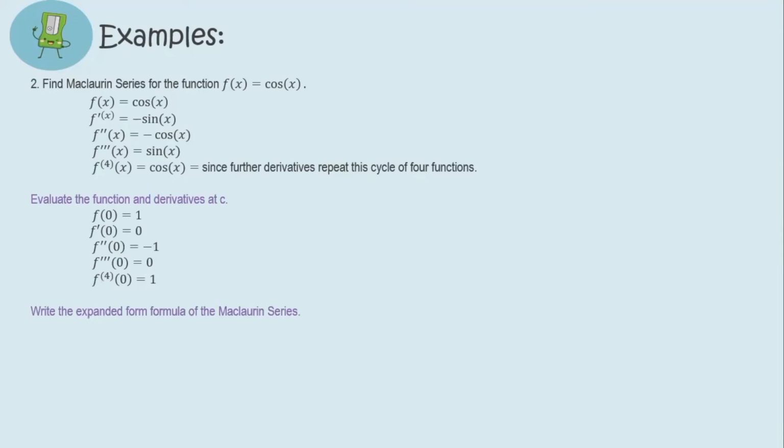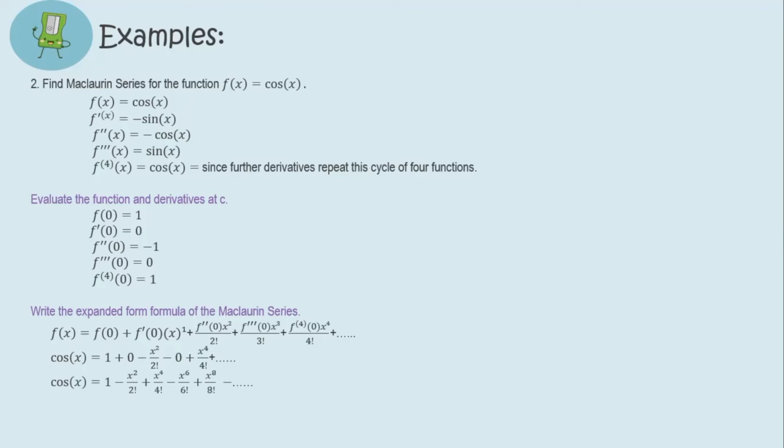Write the expanded form formula of the Maclaurin series, which is f of x is equal to f of 0 plus f prime of 0 times x plus f to the power of 2 of 0 times x squared over 2 factorial plus f to the power of 3 of 0 times x cubed over 3 factorial plus f to the power of 4 of 0 times x to the power of 4 over 4 factorial plus so on. So cosine x is equal to 1 plus 0 minus x squared over 2 factorial minus 0 plus x to the power of 4 over 4 factorial plus so on.